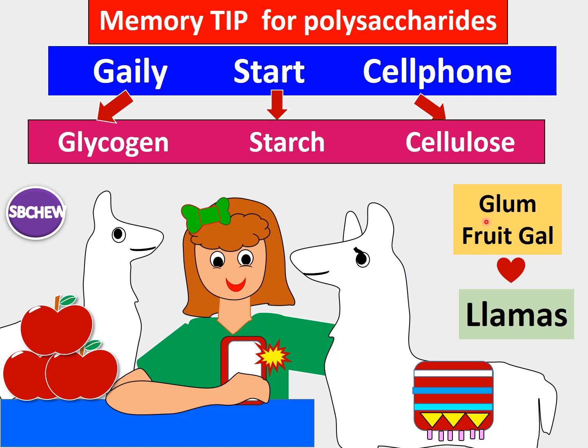Glum, fruit, gal loves llamas and gaily starts the cell phone. I repeat, glum, fruit, gal, the monosaccharides, love llamas. These are the disaccharides. And gaily start the cell phone. Those are the polysaccharides.